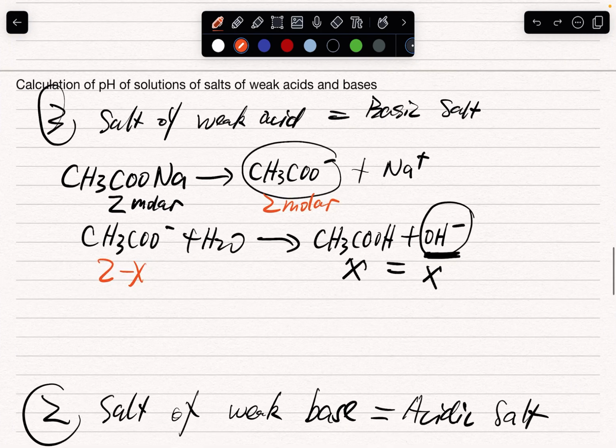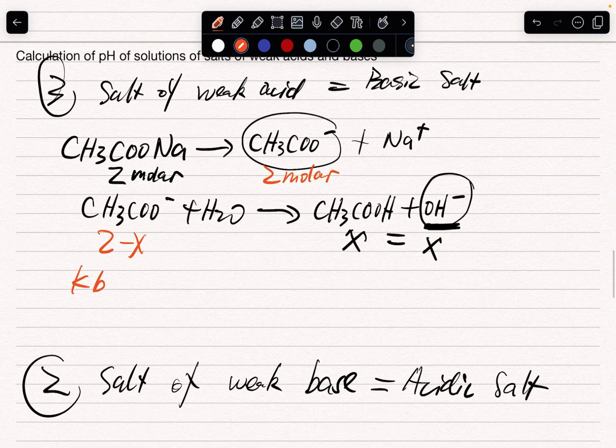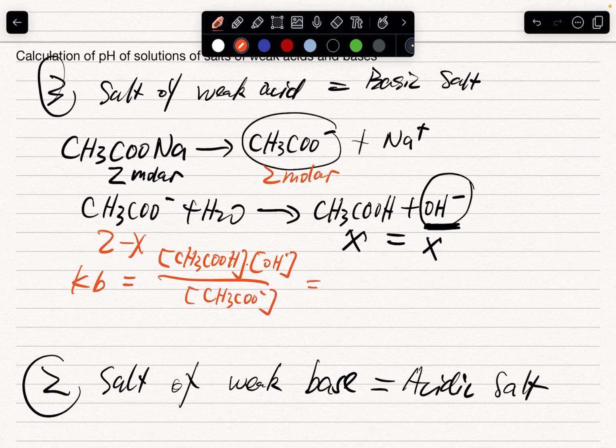Now the question is also going to give you something like a Kb. To write out Kb, it's really CH3COOH times this OH minus concentration over the reactant, CH3COO minus, right? And these are both X, so X times X over 2 minus X equals Kb. Remember from Genchem, if the difference is smaller than 5%, we can ignore this, so we cross this out.